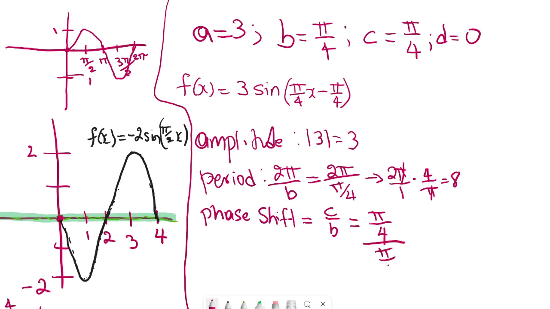So my phase shift, since you're dividing pi over 4 by itself, is 1, because any number divided by itself is 1. Next, I want to identify my midline. And what is that going to be? Well, it's going to be y equals d, which is y equals 0. So again, the x-axis is going to be my midline.